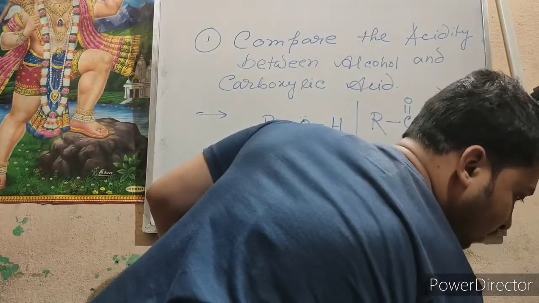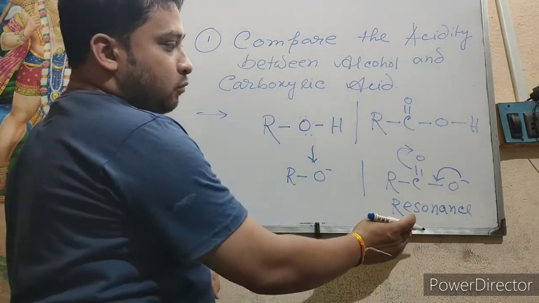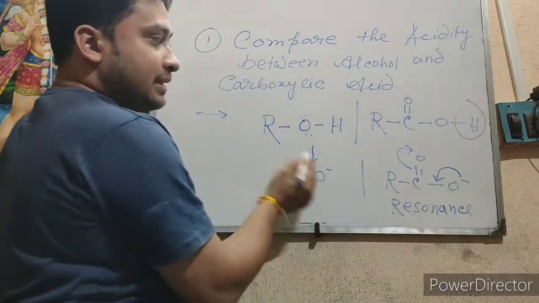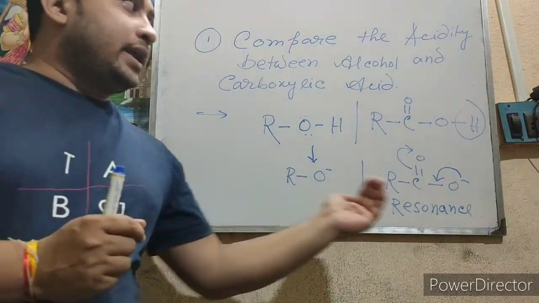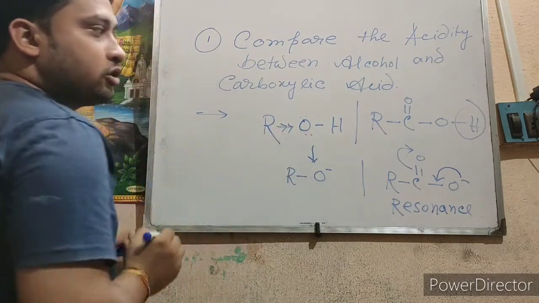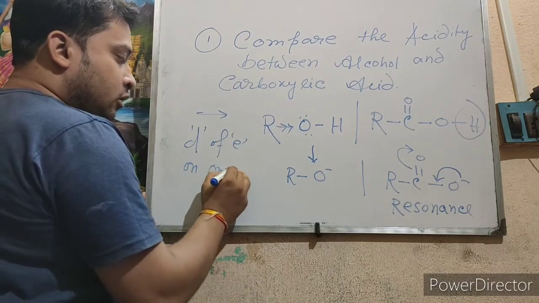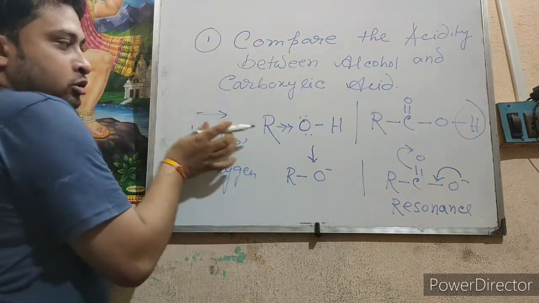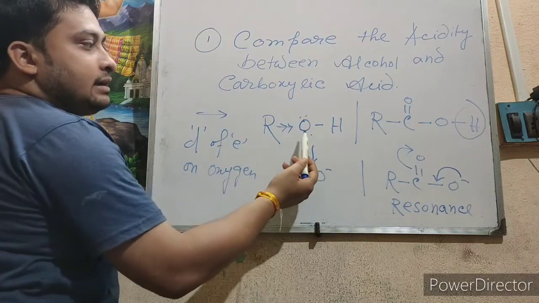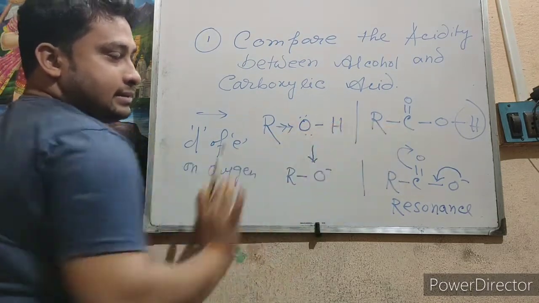But here not. So which is more acidic? The more acidic compound is the carboxylic acid, because the tendency to donate H plus is higher compared to alcohol. In alcohol, the electron density on oxygen is increasing, so it does not want to release H plus compared to this.